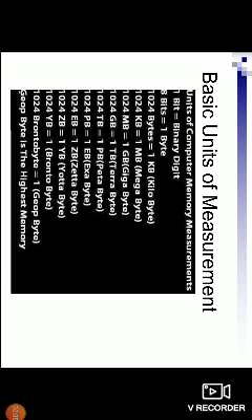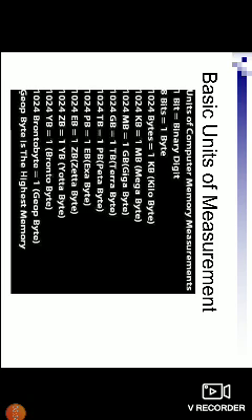Next, 1024 KB equals 1 MB. 1 MB stands for megabyte. Next, 1024 MB equal 1 GB. GB stands for gigabyte. Next, 1024 GB is equal to 1 TB. TB stands for terabyte.